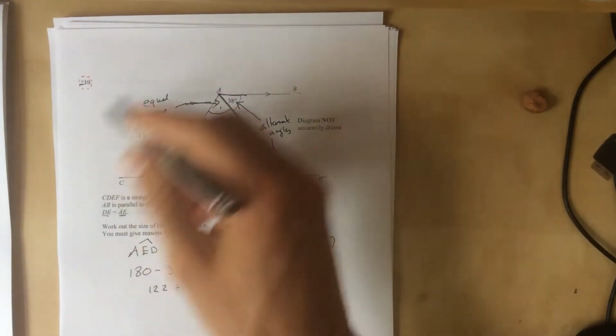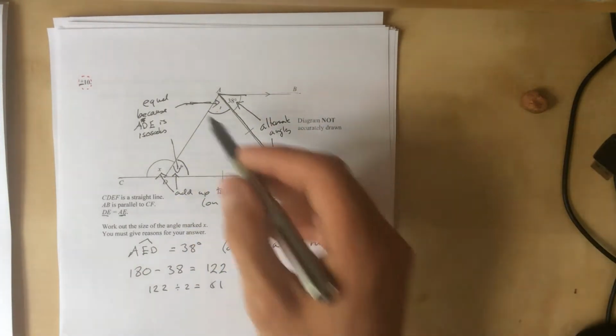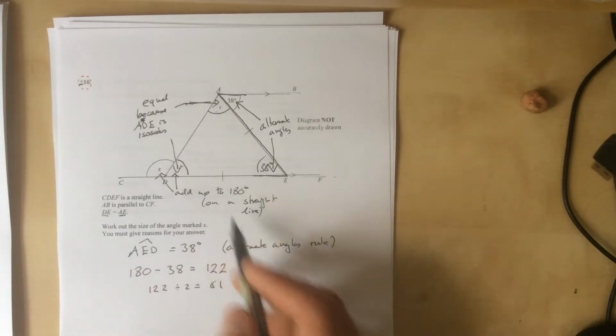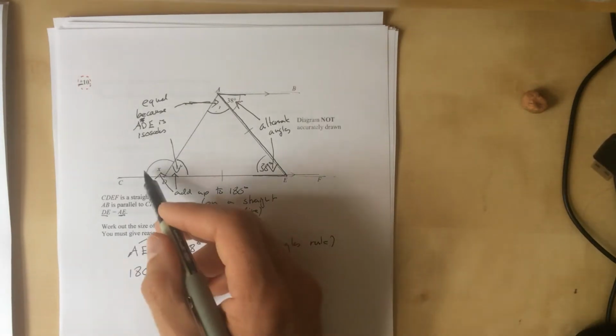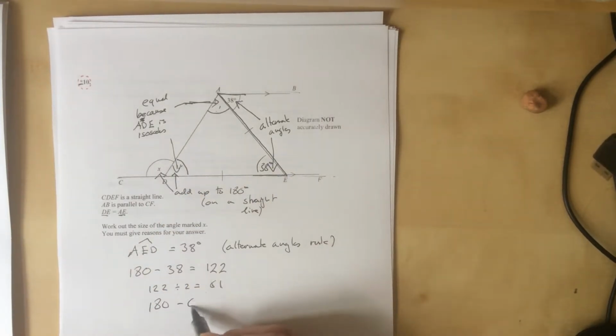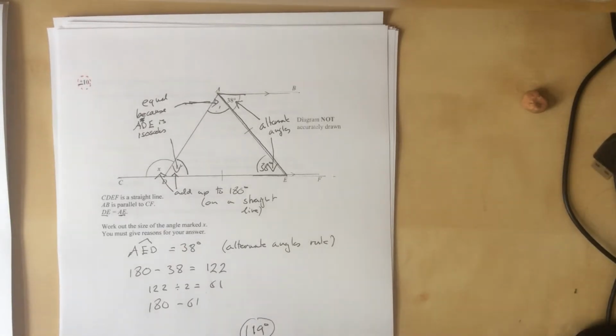Now this isn't the proper way to do it, but I think this is probably the easiest way to do something which will get you the mark. So put some arrows on the diagram and mark it on that way. So these add up to 180 degrees because they're on a straight line. So this one here is going to be 180 take away 61. So 119 degrees.